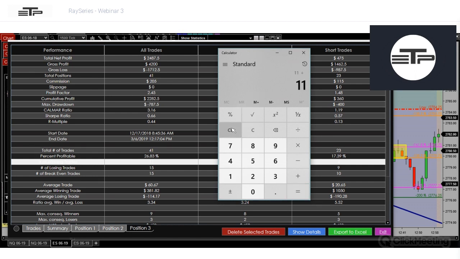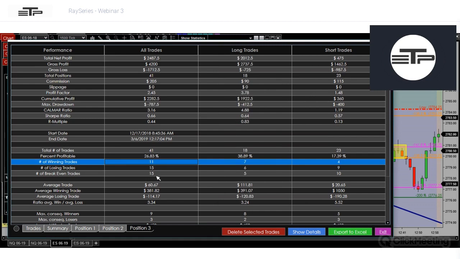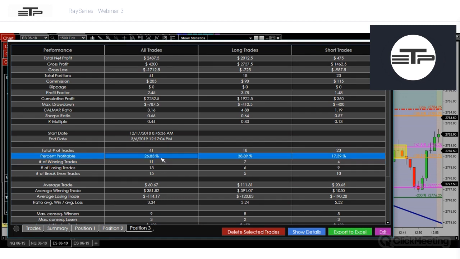So 11 divided by 26, you actually have a 42% win ratio. It's just that when we calculate, it's always better to see the worst case scenario, really. That's why we have the percentage profitable at 26, but realistically speaking, it's at 40 something percent.